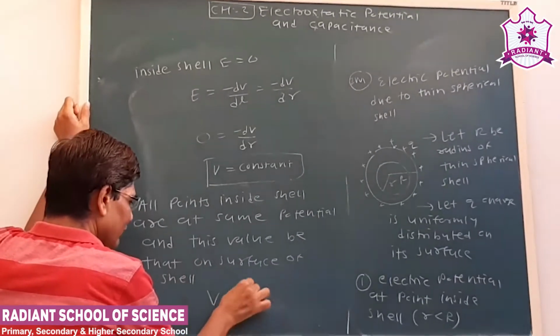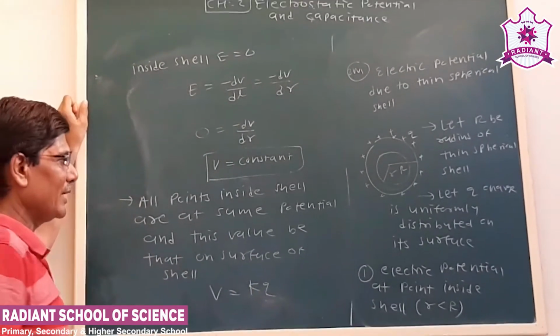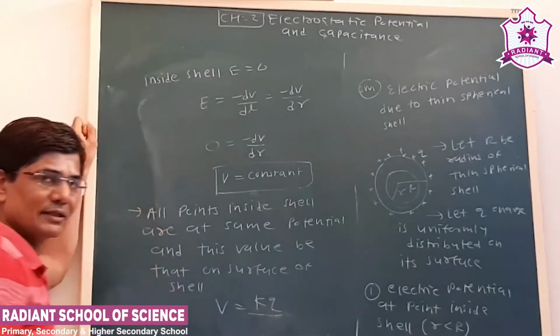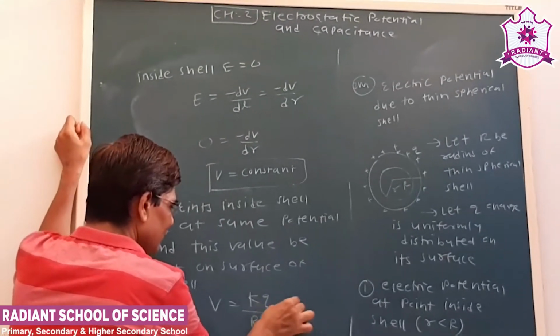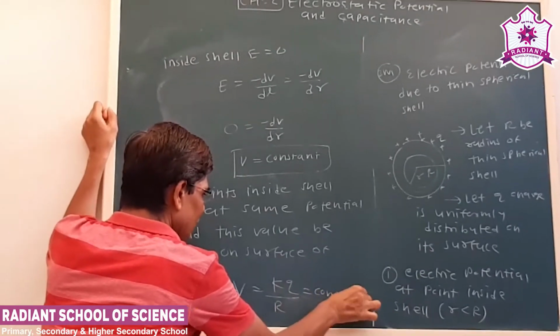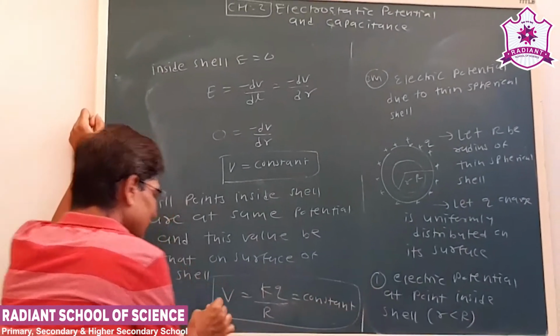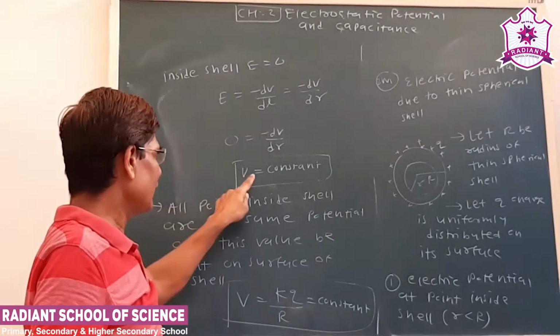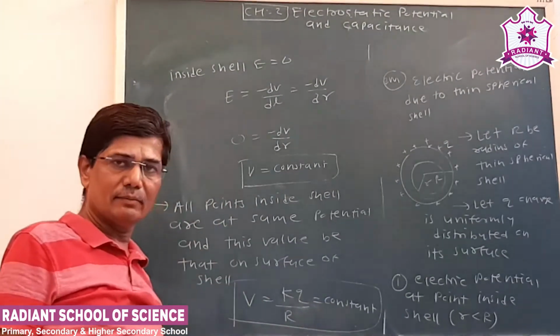So now we use the equation V is equal to KQ by R. Here R is the radius of the shell, and this value is constant. So for a thin spherical shell, all points inside the shell are at the same potential, and that will be the potential on the surface.